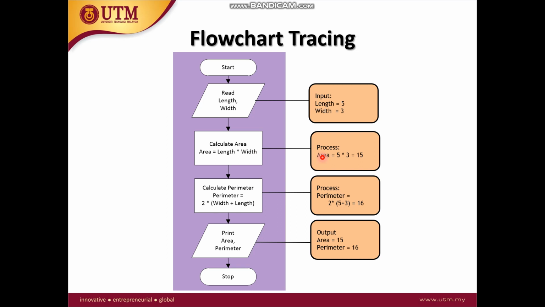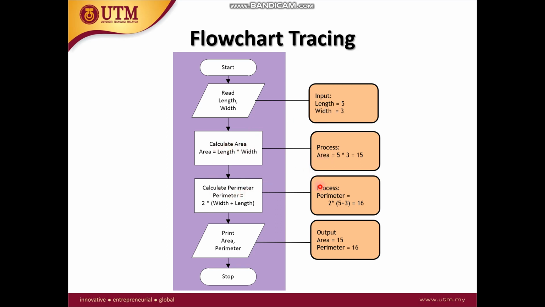Okay, and then how to trace a flowchart. For example, here there is a flowchart to calculate the area and the perimeter of a rectangle. In order to calculate those two things, we need to get the length and width, so we are getting them as input. For example, we are initializing length as 5 and width as 3. Then calculate the area and calculate the perimeter.